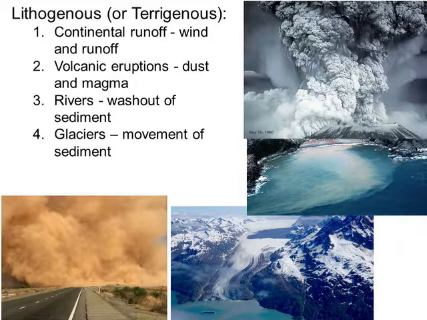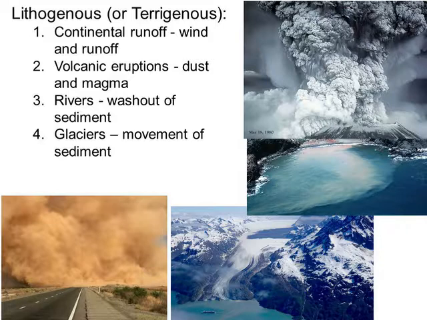So that leads into the third point there, rivers. Because rain carries sediment into the ocean, rivers are used as, let's just say, a super speedway into the ocean, and any of that sediment that gets into the rivers will get into the ocean.